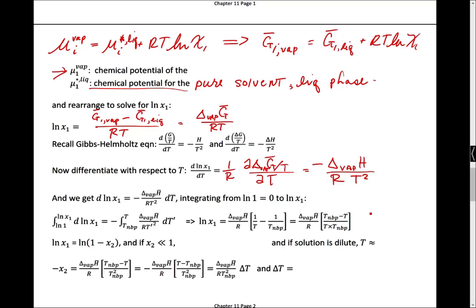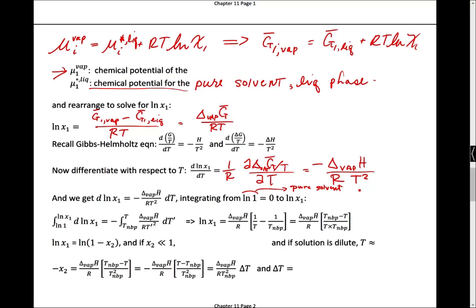We're going to integrate this. We're going to integrate it from x1 being 1, and when x1 is equal to 1, that's the pure solvent. So we're basically saying, what's happening if I'm going from pure solvent to adding some solute to the mixture, to making a solution, to natural log of x1.